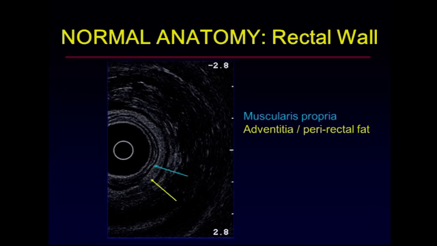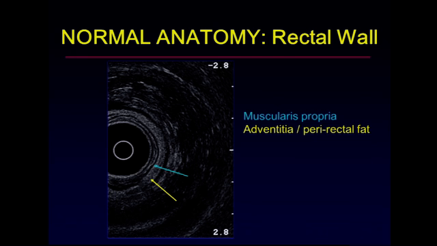If, however, the tumor extends through the hypoechoic muscularis propria into the surrounding echogenic adventitial layer or perirectal fat, it becomes a T3 tumor, and those tumors are optimally treated with primary chemotherapy and radiation therapy, and only subsequently have surgical resection.